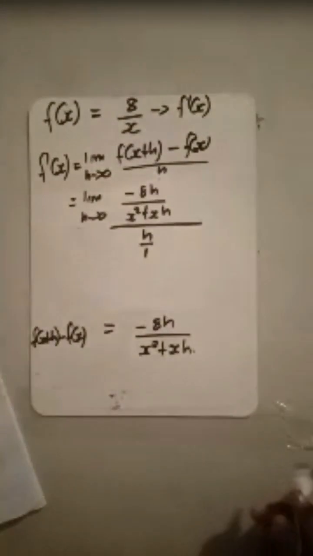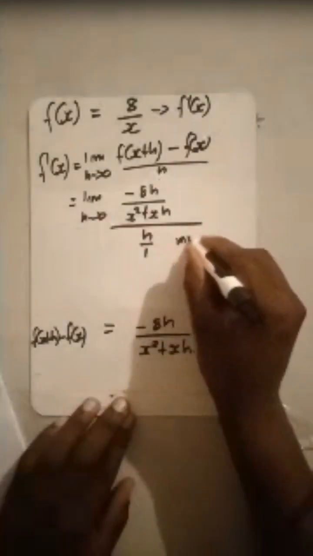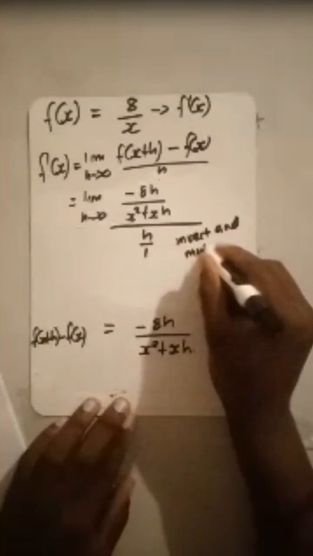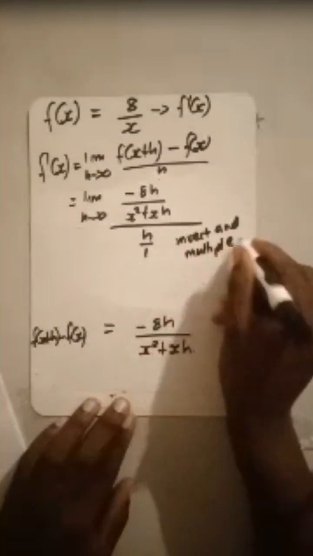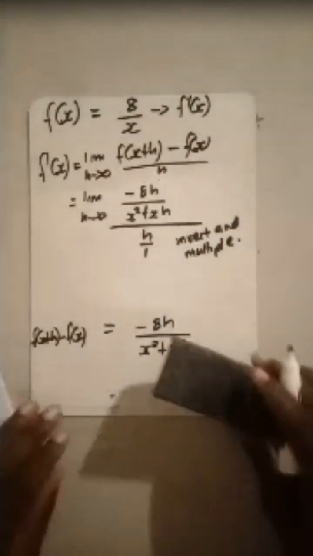This is h over what? Over 1. Right? What do we do when we are dividing with fractions? You invert and multiply. From your primary and from your grade 8 and 9, you invert the divisor and multiply. So what does it mean?